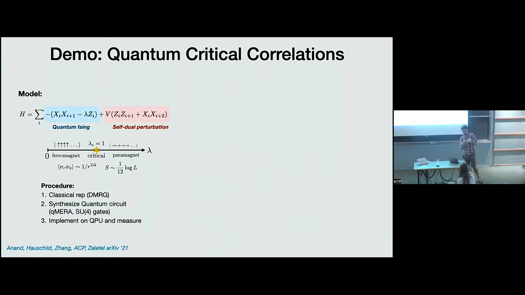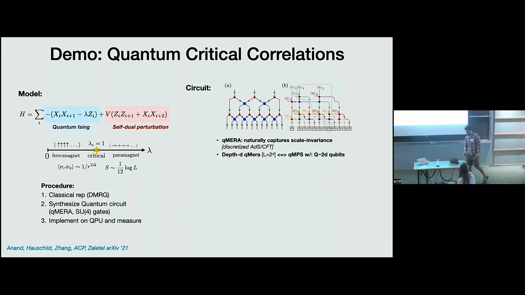Then I'll implement that on a quantum computer and see if it works, just to kick the tires a little bit. So we'd choose one of these MERA-like tensor networks, which are very nice at capturing the scale invariant critical properties. And as I mentioned before, to do a depth D MERA, you need of order 2D qubits in your physical hardware.